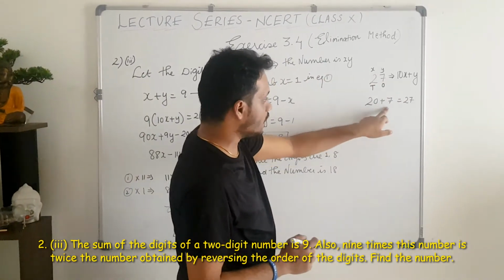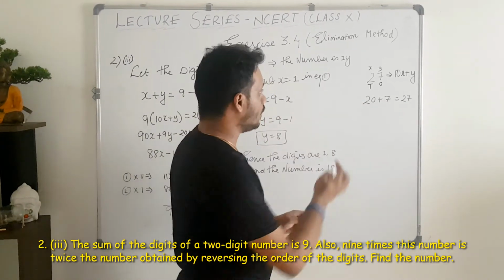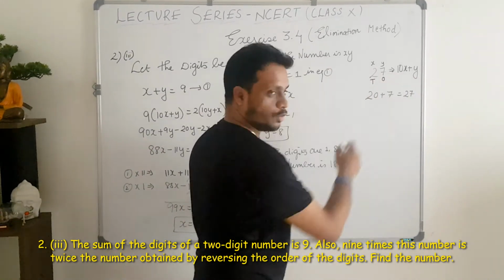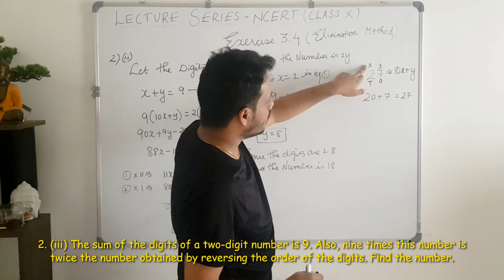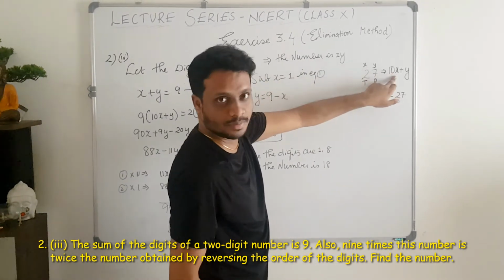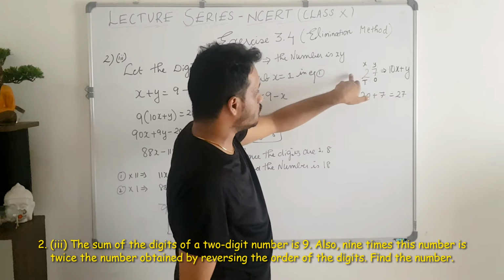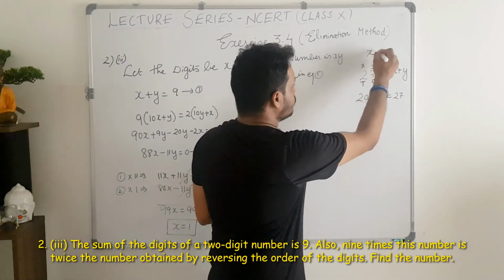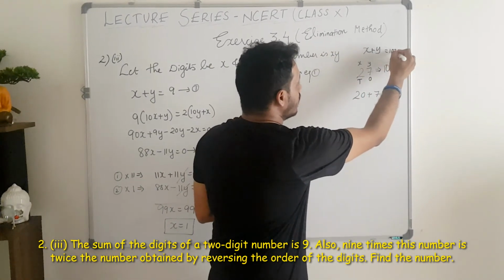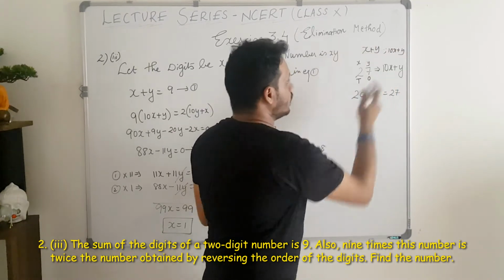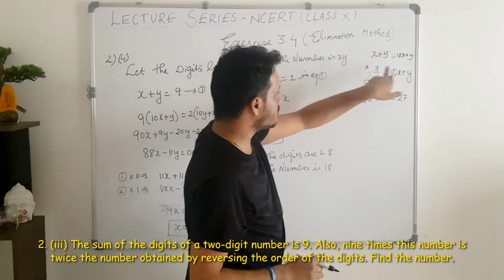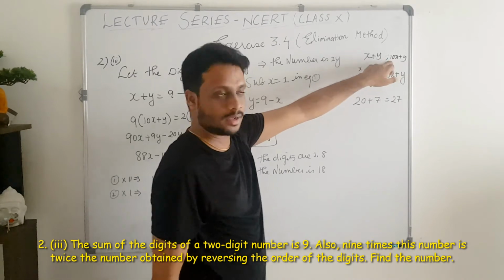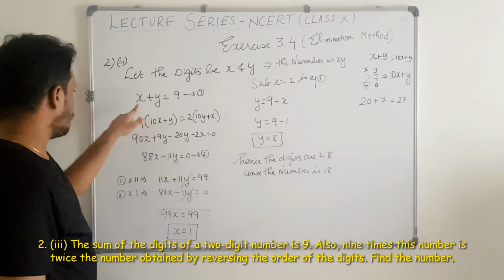So when we represent a two-digit number in an equation, the x variable, which is in the tens place, needs to be multiplied by 10. So the number is not just x plus y, but 10x plus y. Okay, with this concept, let's jump into the question.